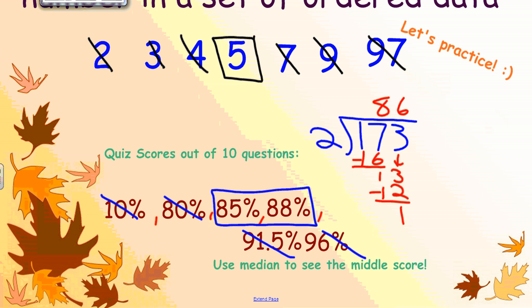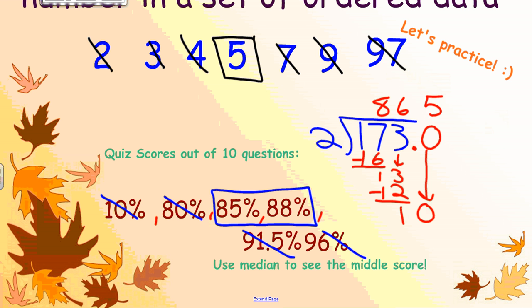Oh my goodness, I came to a really tough spot in this division problem because I have a remainder. What do I need to do next? That's right. I'm going to have to add that decimal behind that number 173 and put the 0 in. Now I can bring that 0 down, and 2 goes into 10 5 times.